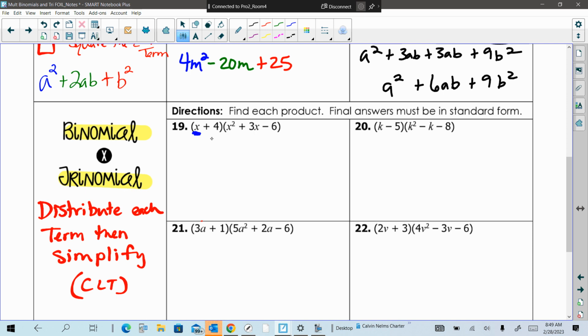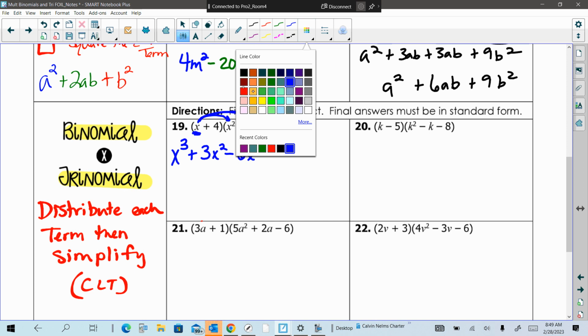We're going to distribute to each term. That means x times x squared. What would that give us? x to the third power, x cubed. Then you do x times 3x. That would be plus 3x squared. Then x times minus 6. That gives me negative 6x.